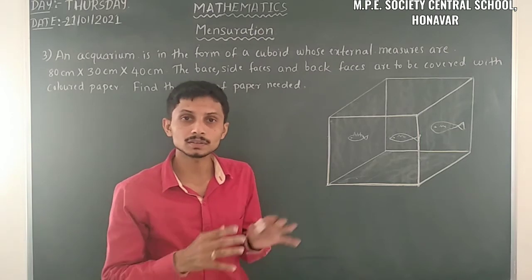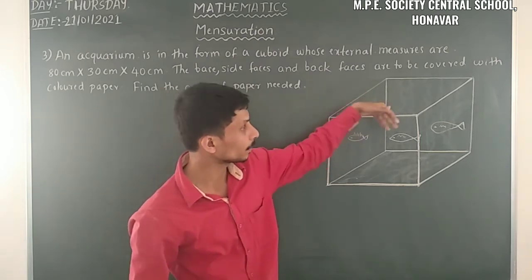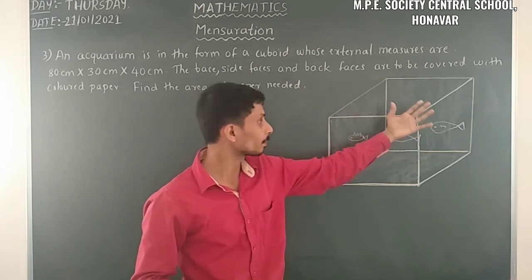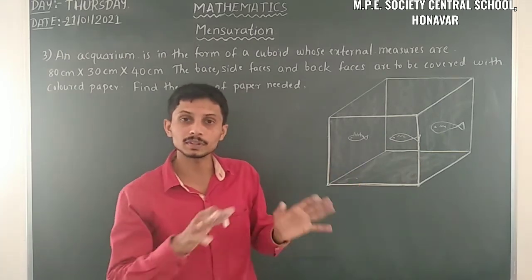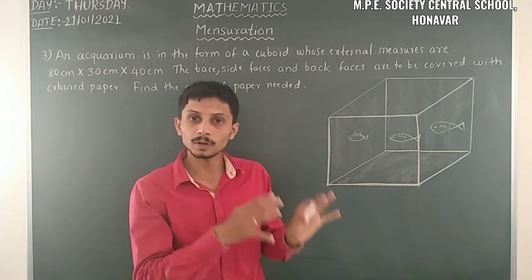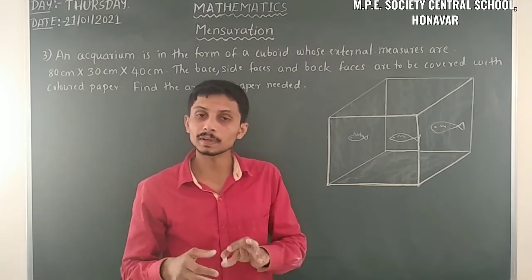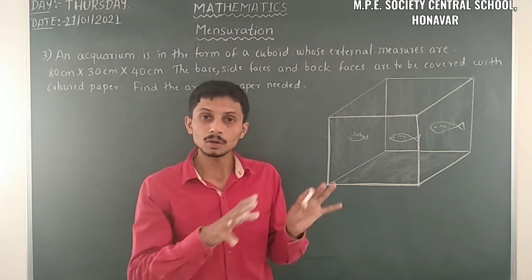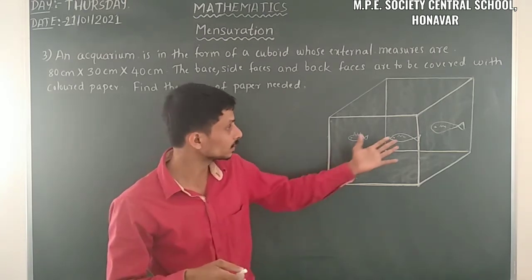So we paste some colored paper on the back side of the aquarium, and the side faces and the bottom face are covered with colored paper. For that, how much area of colored paper is needed, we have to find out. The colored paper has to be pasted on these faces only.